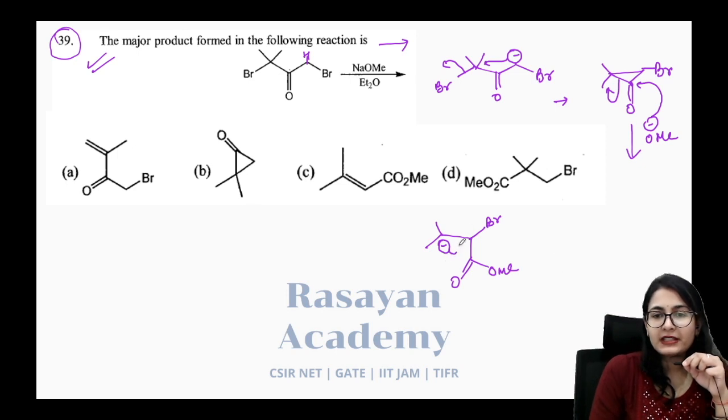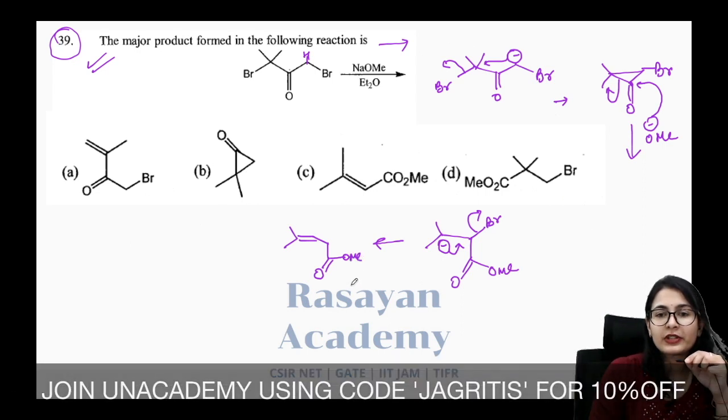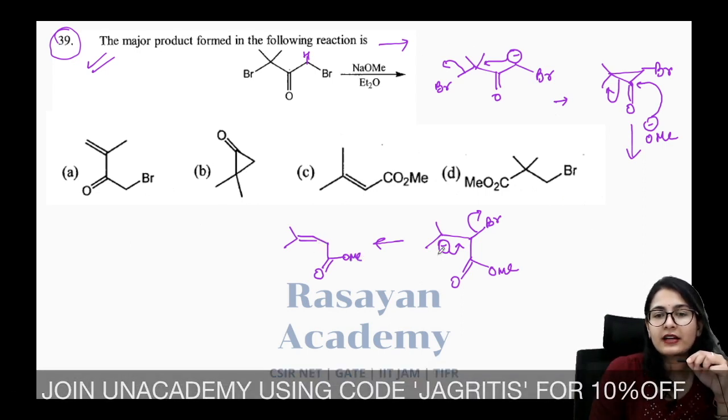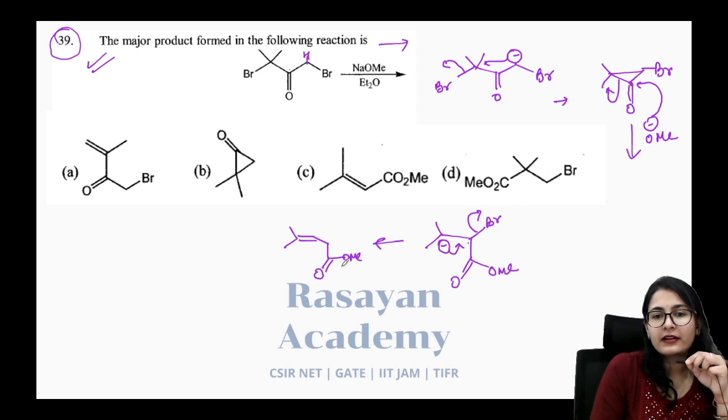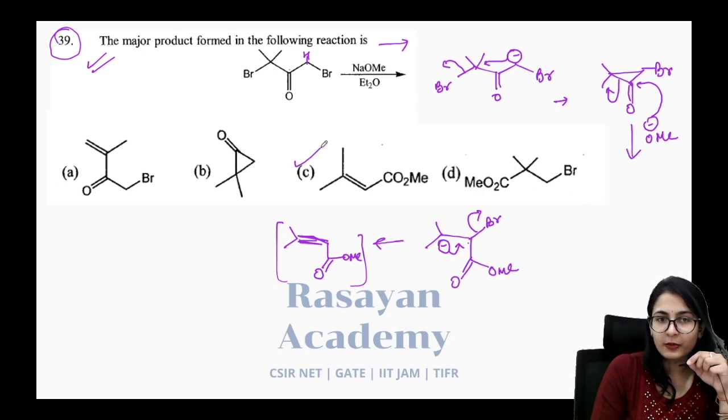If this happens, the negative charge can fall back and it can give you a more substituted alpha beta unsaturated carbonyl. This double bond, this is only one carbon. This is what you get, an alpha beta unsaturated compound. Let's see one more possibility. If we are getting this possibility, your answer would be option C.